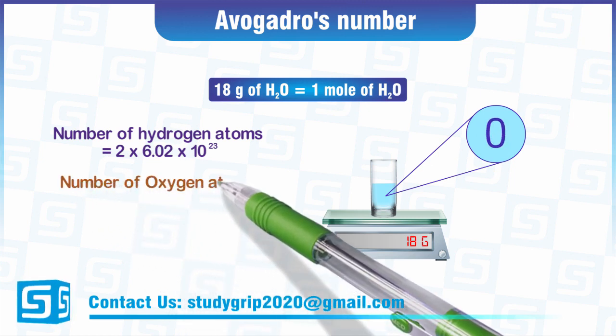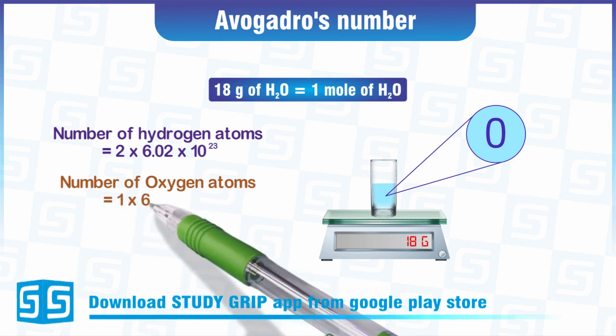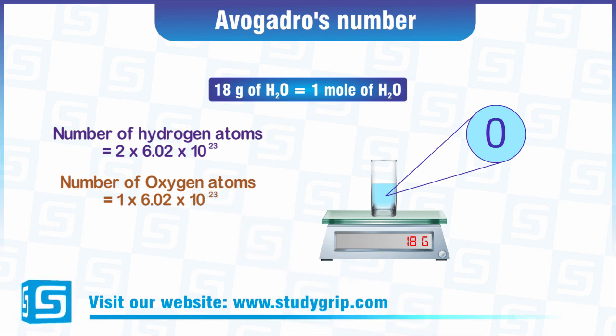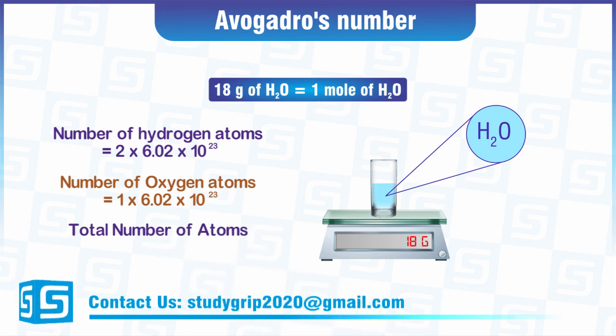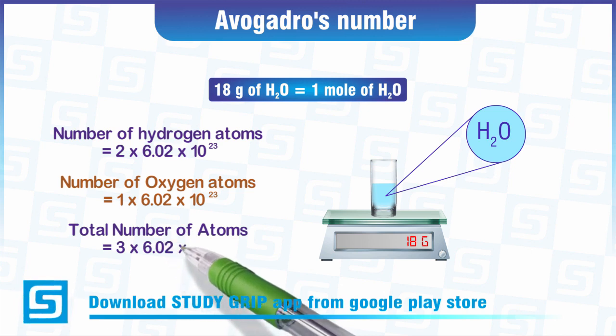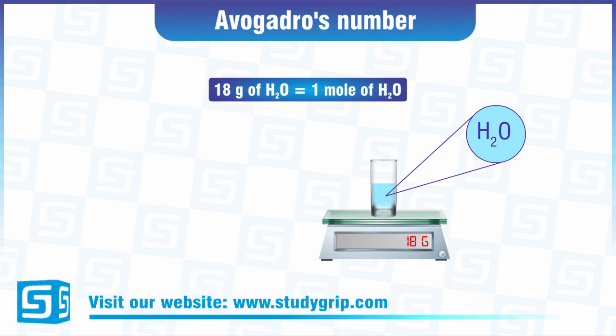The number of oxygen atoms is equal to 1 × 6.02 × 10^23, as 1 molecule of water contains 1 oxygen atom. The total number of atoms is equal to 3 × 6.02 × 10^23, as 1 molecule of water contains 3 atoms.